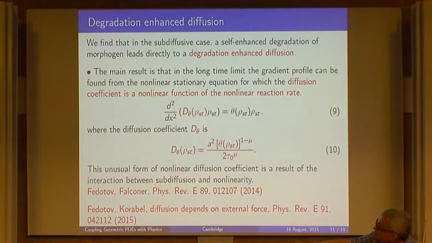Any questions? That's an example of why it's so difficult, on the one hand, to take into account nonlinearity concerning degradation or production, and then there is this interesting phenomenon at the end.